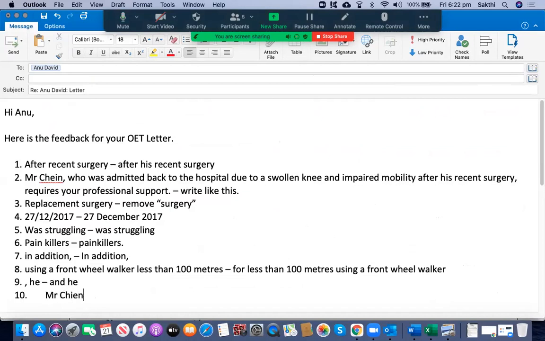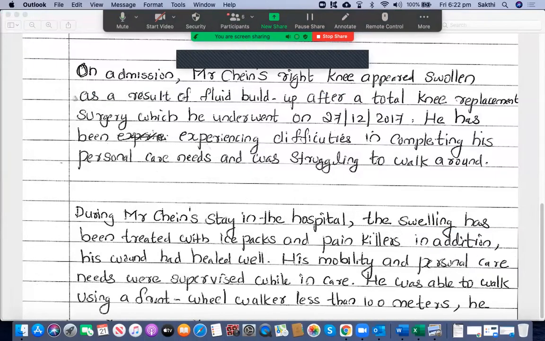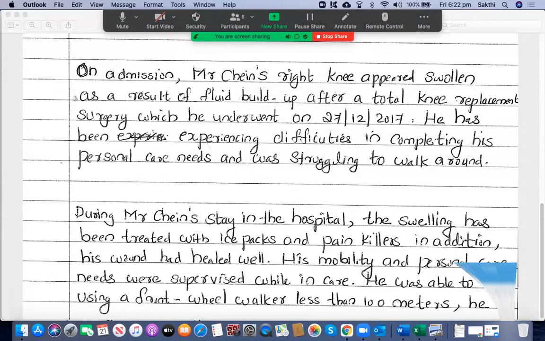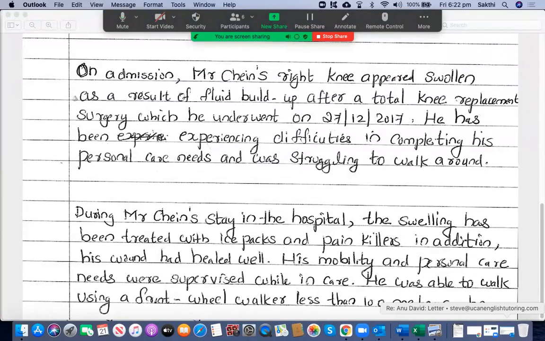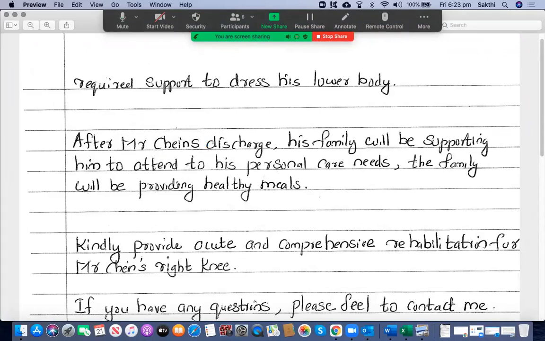So it's Shane's, isn't it? Shane's discharge. Sorry, Shane's right knee. Not this one, the next page.